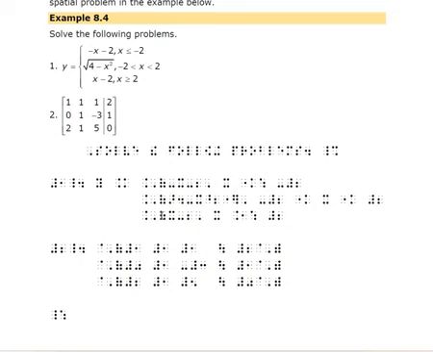If yours is not set up for tabs, then I guess you're just going to have to space. Okay, so we have the next number sentence.